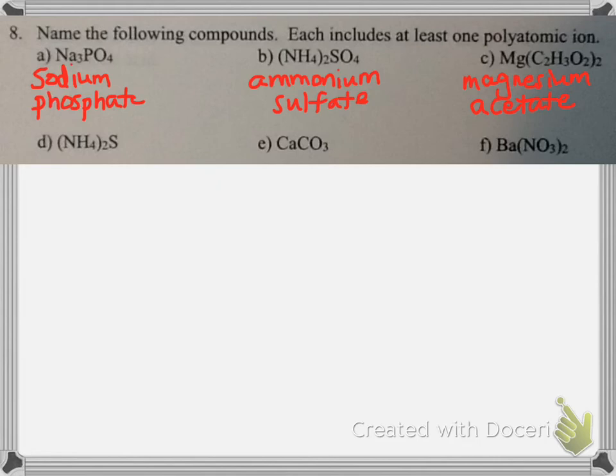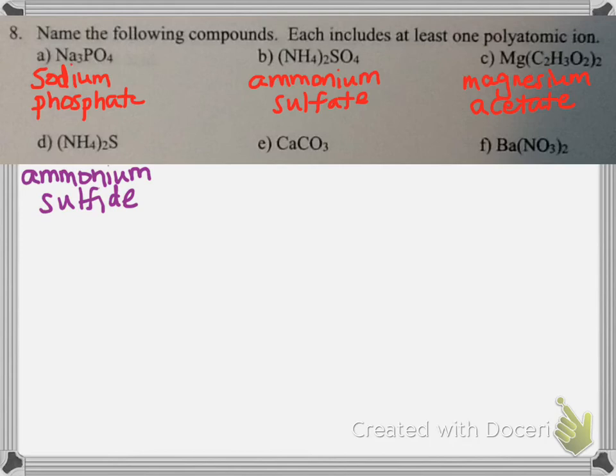Again, NH4 is on our first page, that's ammonium. S is sulfur. As an ion, it becomes sulfide, remember, because it gets that IDE ending. So this is ammonium sulfide. Ca, that's calcium, and it becomes calcium ion.